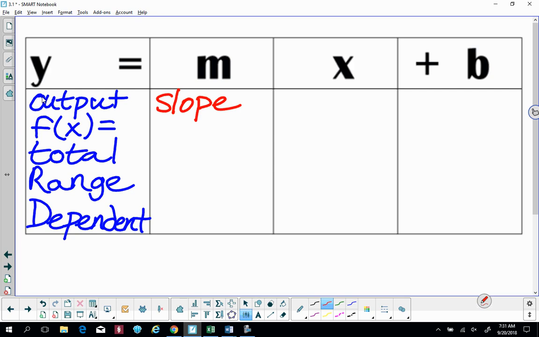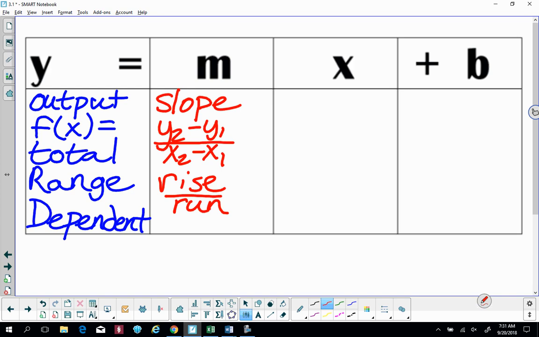Okay, so this can be represented by the formula y2 minus y1 divided by x2 minus x1. That's one of the formulas you'll see for it, which is the same thing as rise over run.